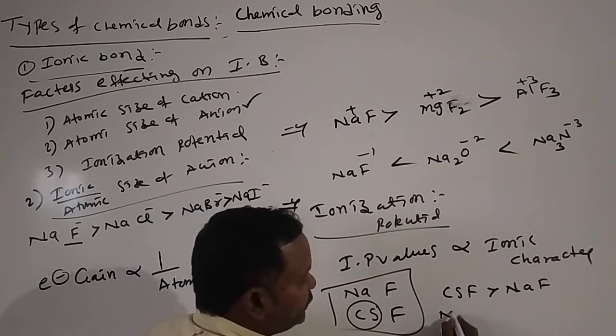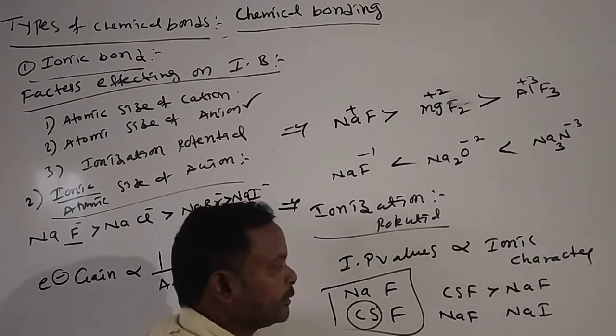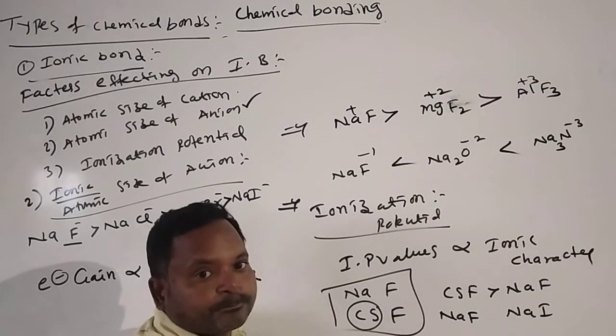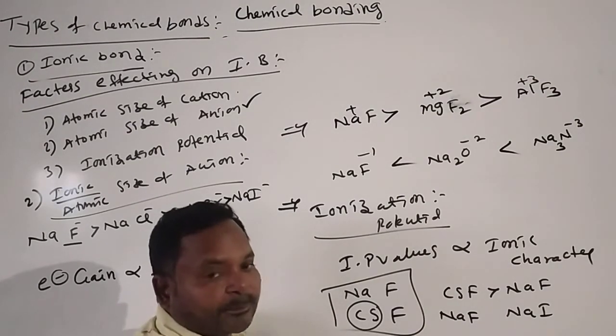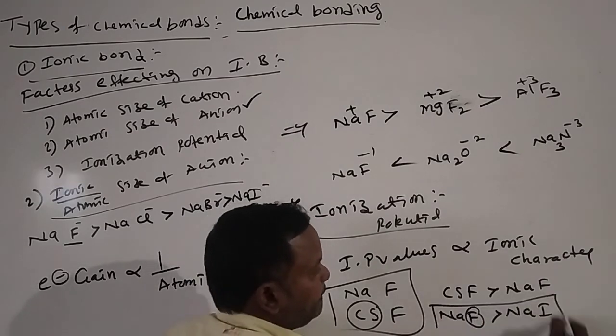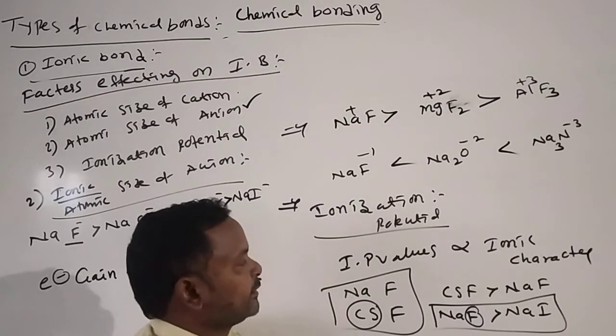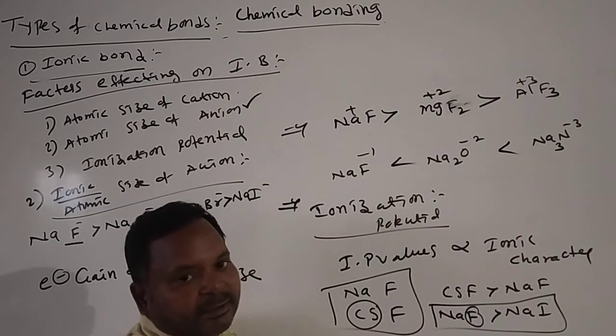Take sodium fluoride and sodium iodide: which has more electron accepting capacity? Fluorine. So sodium fluoride is more ionic than sodium iodide.